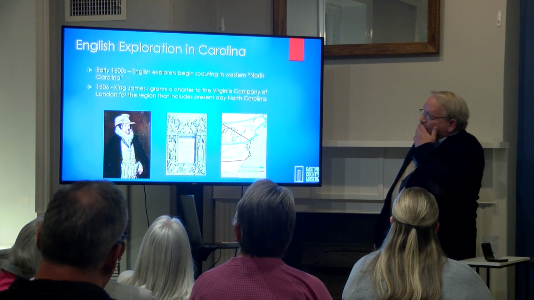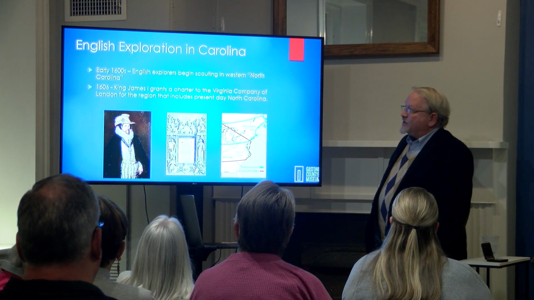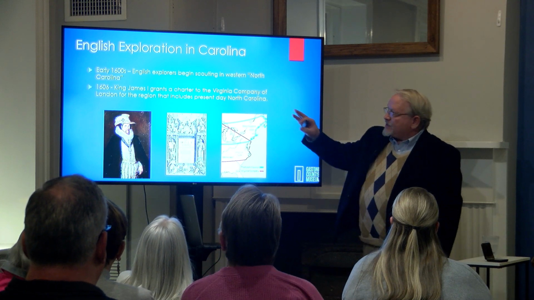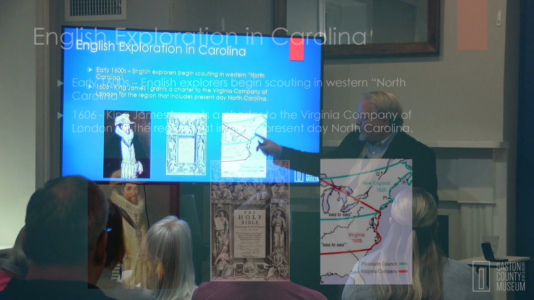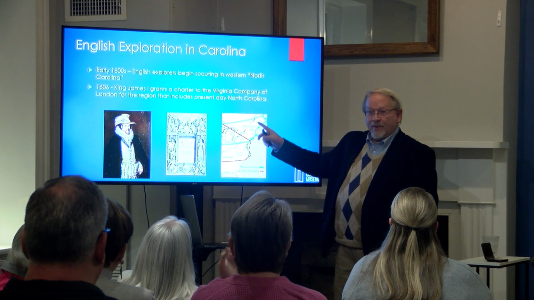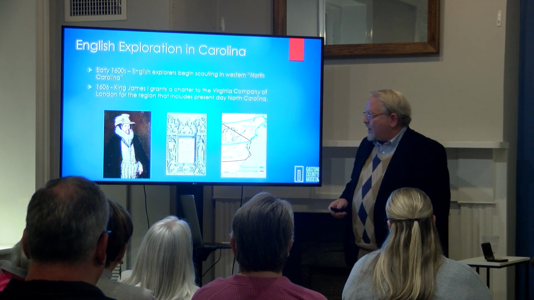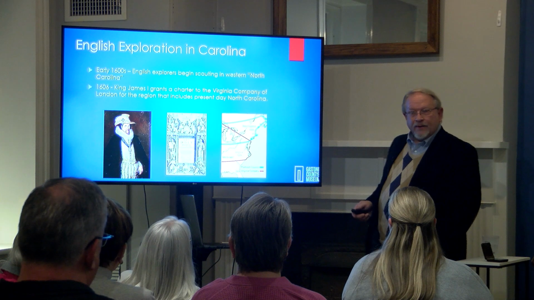Then we get King James involved. King James I grants the first charter to the Virginia Company of London in the region that's now North Carolina, Virginia, Maryland. A little later, we have the Plymouth Company that comes in 1620, and that's the New England area.